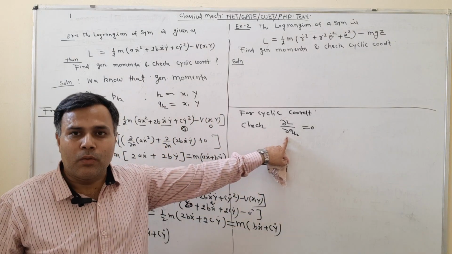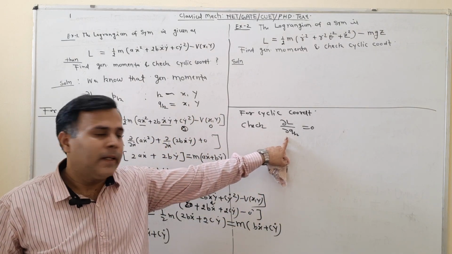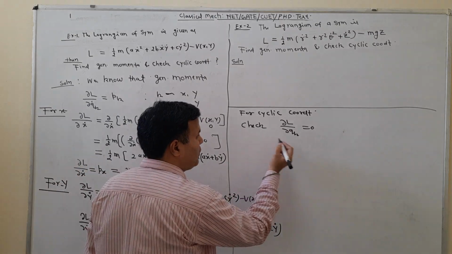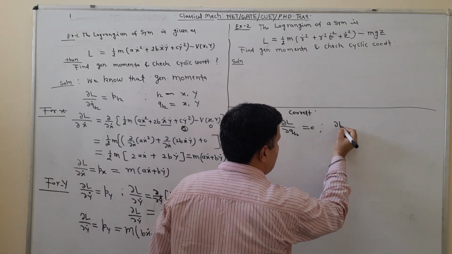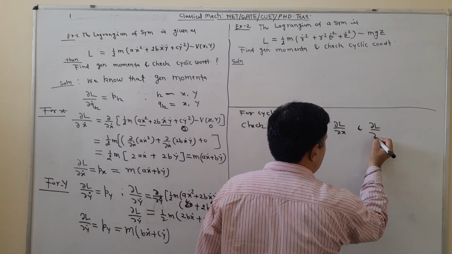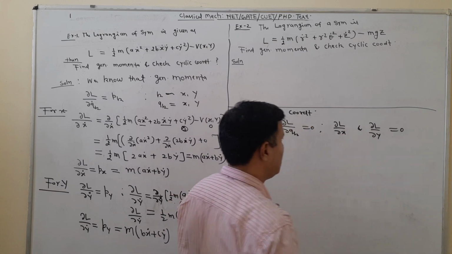If it is 0, then we have a cyclic coordinate, otherwise not. So we have to check del L upon del x and del L upon del y is equal to 0.